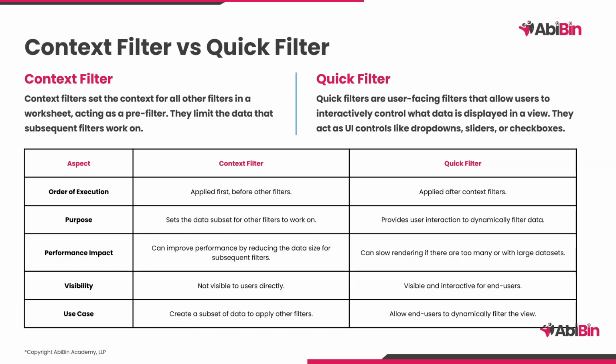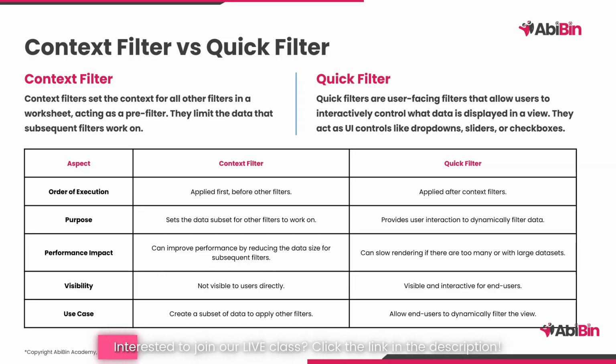So from an order of execution perspective, the context filter gets the preference. It applies first, and after that the quick filter comes into the picture. A context filter can filter the data, and because of that the performance of the dashboard can also increase, whereas a quick filter is basically just to slice and dice the data within the view.